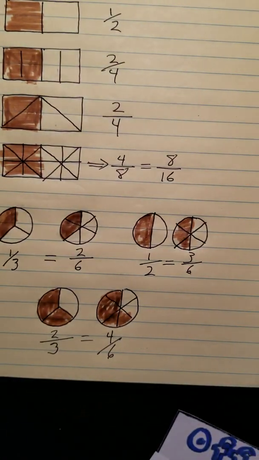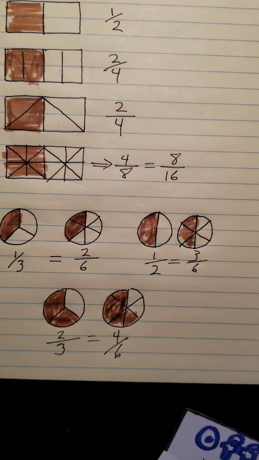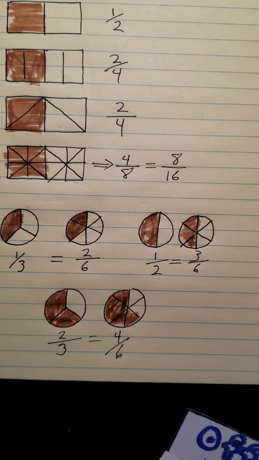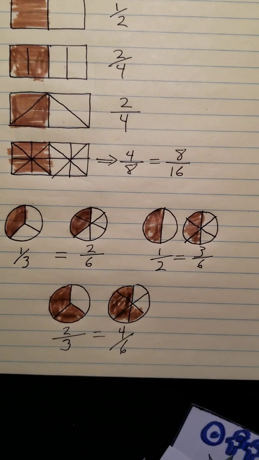Whoop, sorry for that. All right, boys and girls, what I want you to do now is try a test, because it's going to have something called a missing numerator. And one of them has a missing denominator.